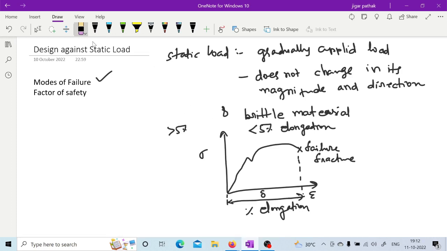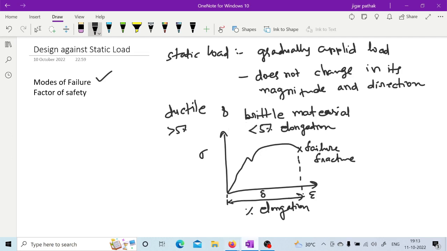So once you have an idea about this different nature of material, it may be ductile or brittle.